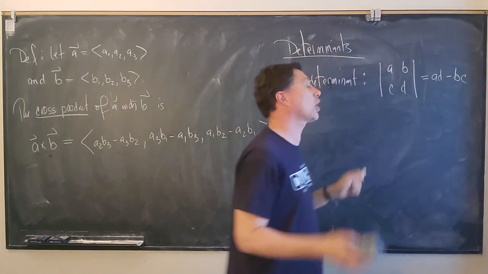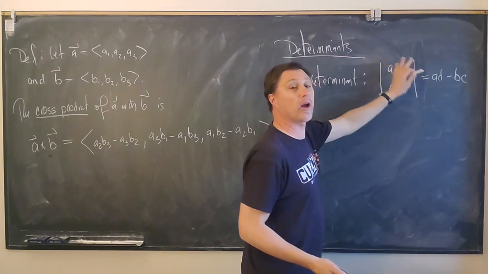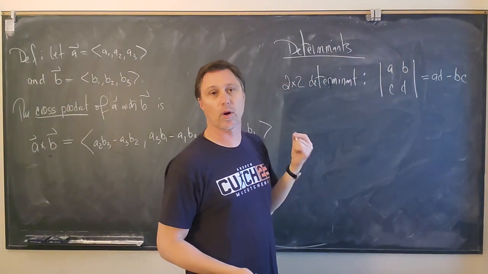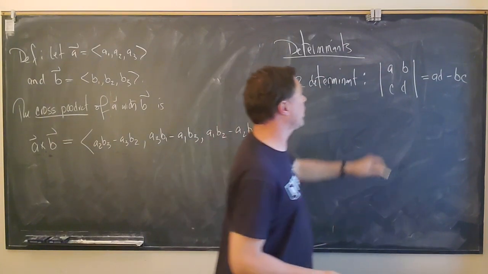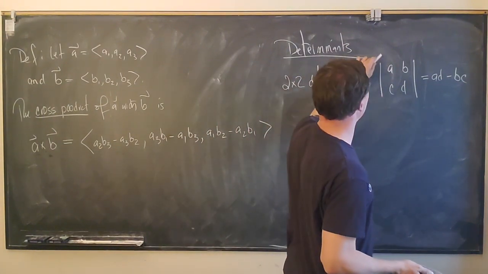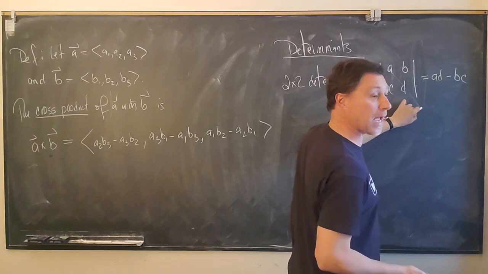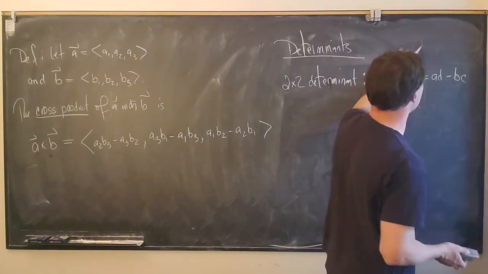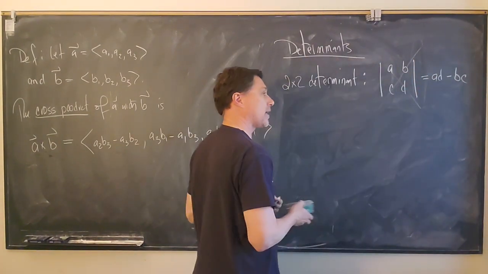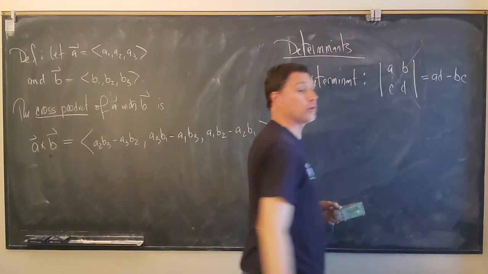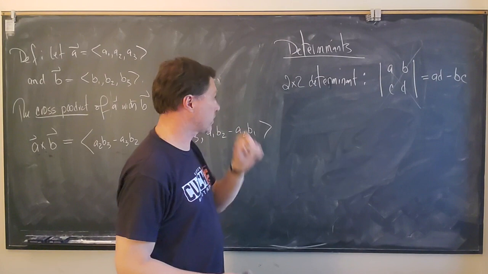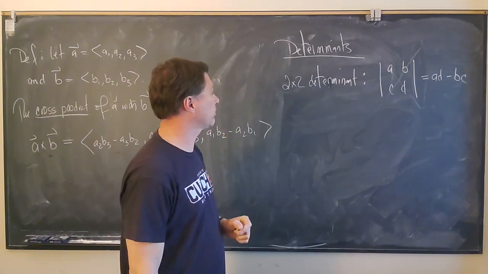That is called the determinant of this square arrangement of numbers, called an array or a matrix of numbers. Okay, so to compute it, you can think of it sort of diagonal-wise. So you take A times D, and then you subtract the product on the other diagonal. So there's two diagonals. Take the first diagonal, subtract the result of multiplying along the second diagonal. Right, that's called a 2x2 determinant.